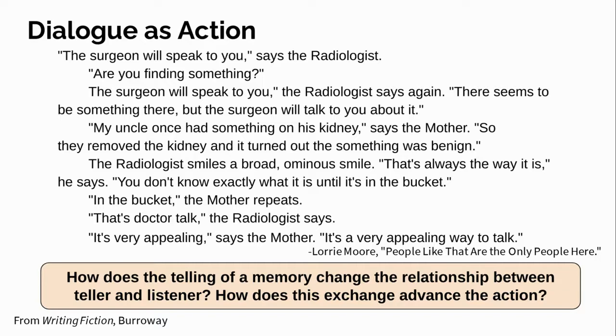Maybe this radiologist wouldn't talk that way to somebody who was dying of stage 4 cancer, right? So it's moving the action along, because now we could say, okay, maybe the next scene will be her with the surgeon. And we actually get to know what's going to happen.